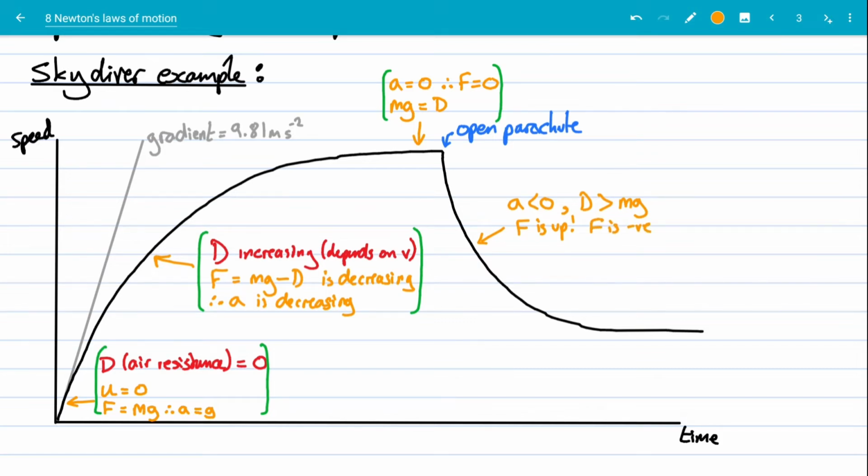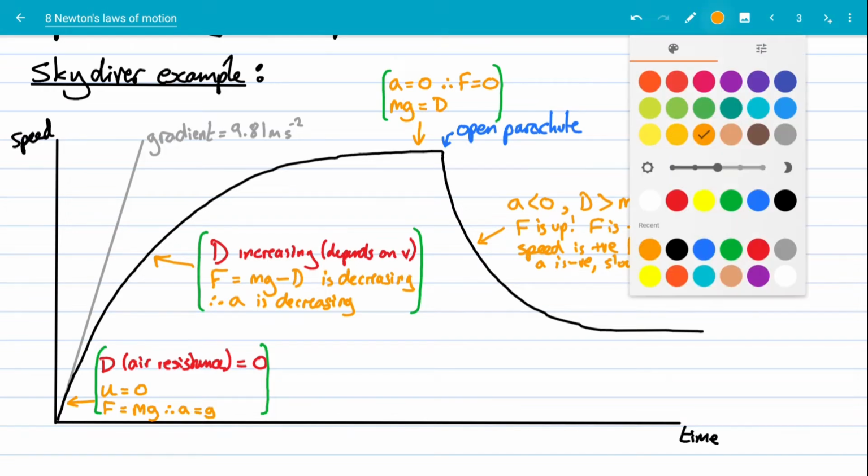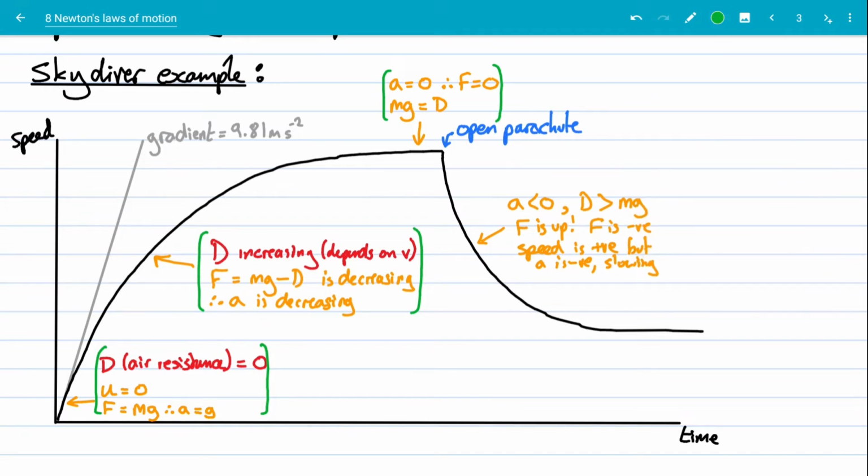So the acceleration is negative, as it should be. And so because the speed is positive, but the acceleration is negative, it causes a slowing down. And that's what's happening there.